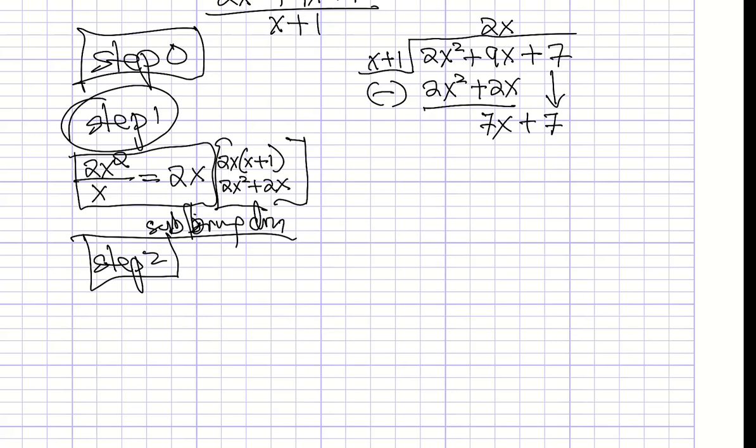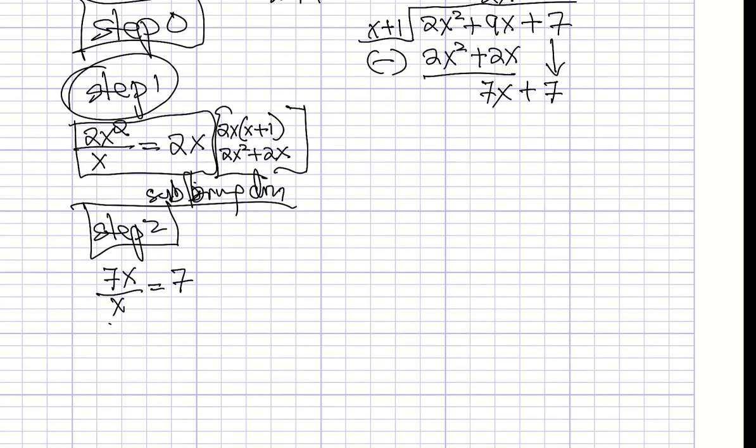We'll say 7x over x is equal to 7. You see that, right? And then we'll say 7 times the divisor is equal to 7x plus 7. You see that, right? Okay. So we'll put 7x plus 7, and we'll subtract.